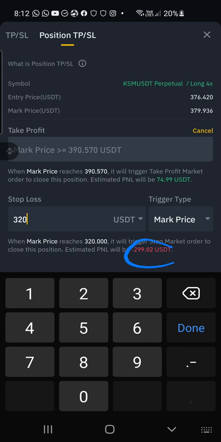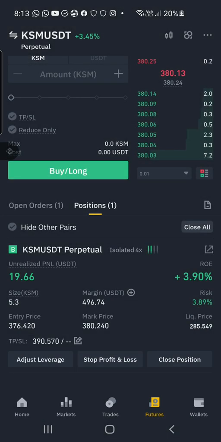So as you can see, the risk is a lot greater, because if I buy this normally, then losing the trade would only lose me 1/4 of this amount. So that is the difference between futures and spot trading.